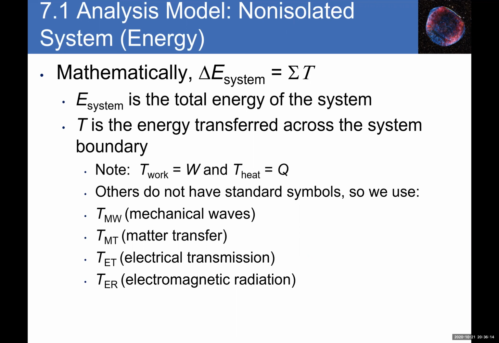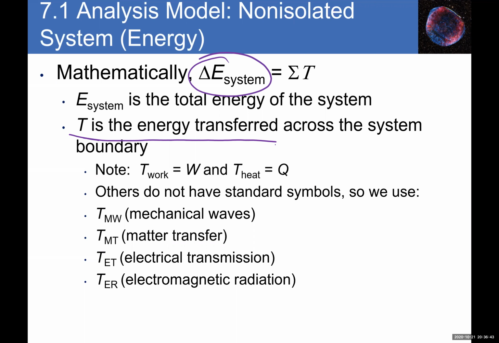This is what we looked at with the work done by some kind of force. But as we talked about, there are many other ways of energy transfer. Mathematically speaking, the change in the energy of the system equals the sum of T, where T is the total energy transfer across the system boundary.